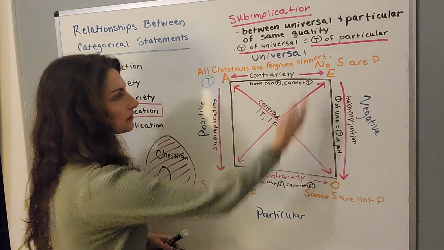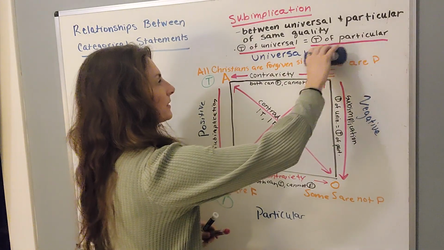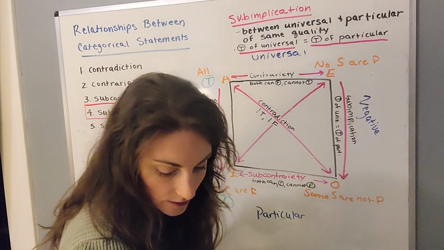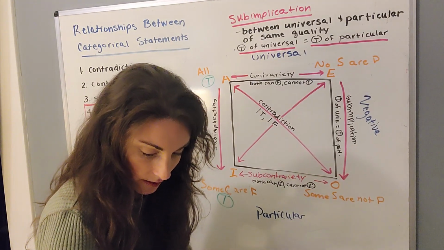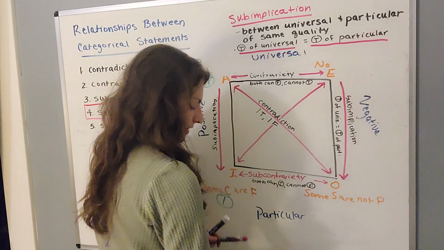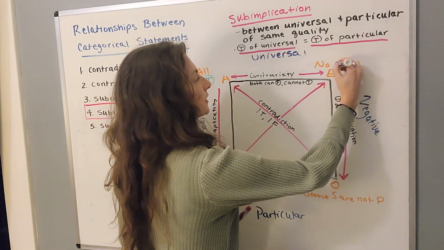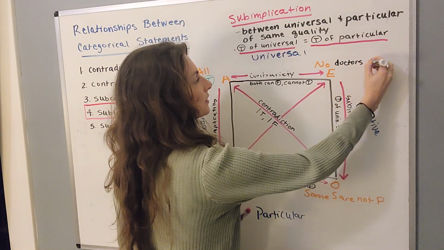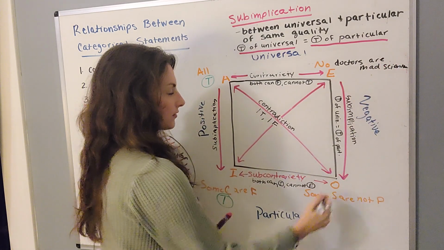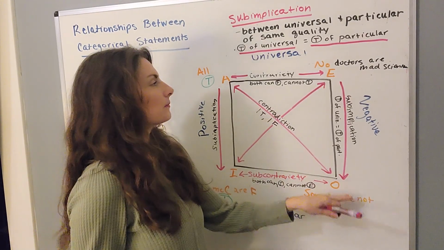All right, so now let's look at "No S are P" and "Some S are not P." Let me erase this and go with something different. We're talking about scientists here. Let's say "No doctors are mad scientists." I would do the same thing down here and abbreviate my subject and predicate.